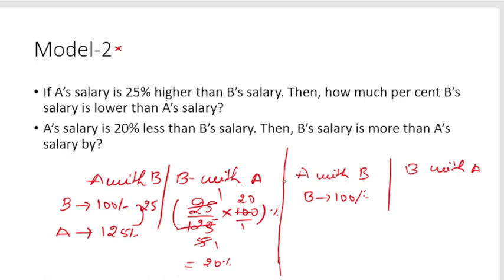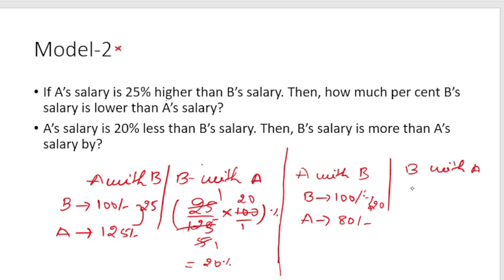Then A's salary is 20 percentage less than B's salary, so A's salary will become 80 rupees. Then B's salary, what is the difference here? 20 rupees. So B's salary is more than A's salary by how much? Now we have to compare this difference with A's salary.